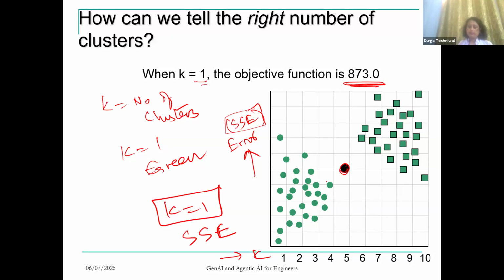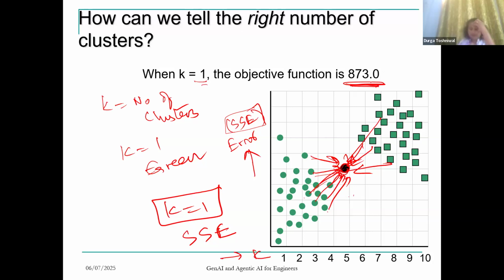Then in the sum of squared error, we find the distance of each and every point with respect to the cluster center, which is the cluster representative, square it, and add all these distances. I'm not showing all of them because it will look cluttered. The sum of all these squared distances added together across all the points will be the objective function value. It is coming out to be this much.